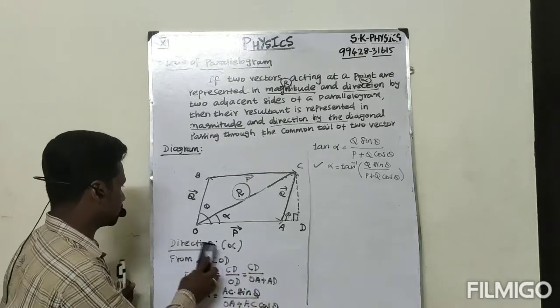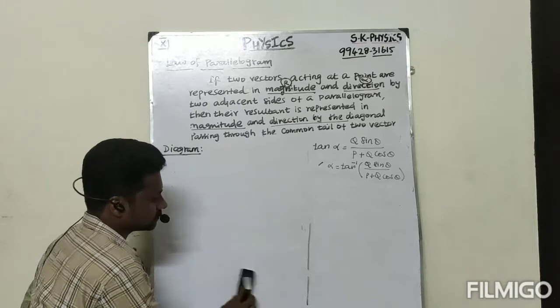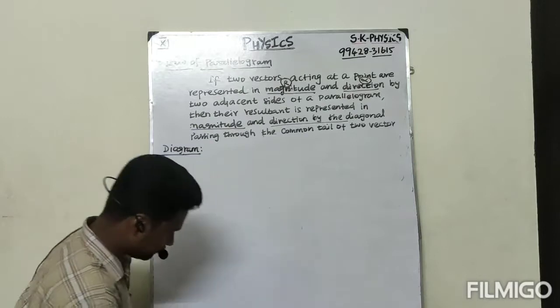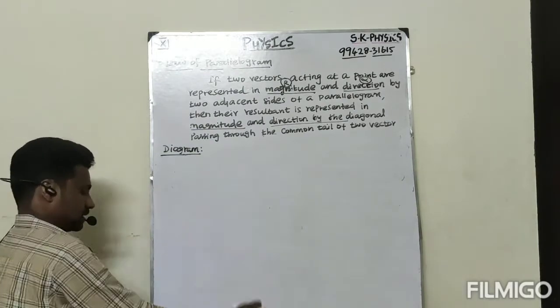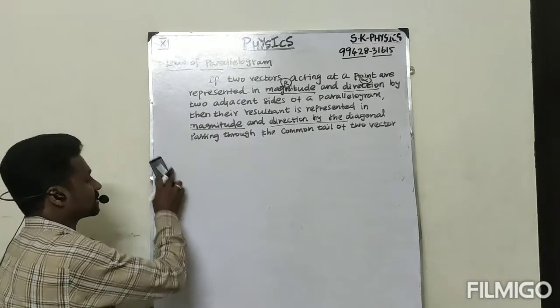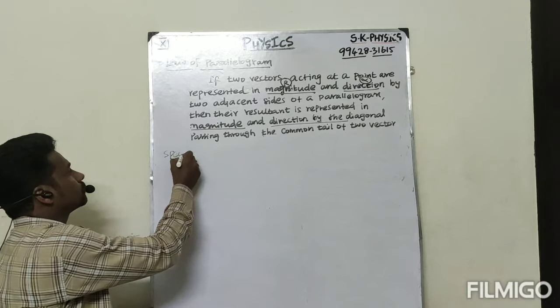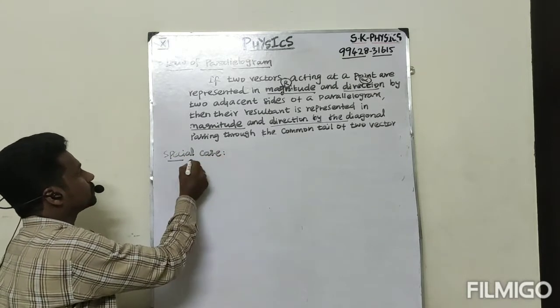So I am going to rub this. So please listen. So that is a special case of this question. The next one, the last step, that is a special case.